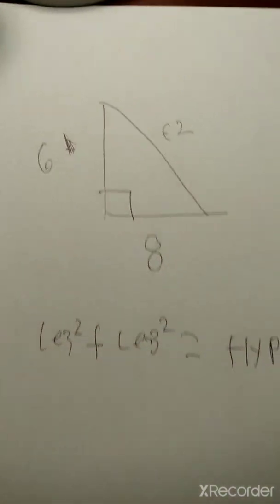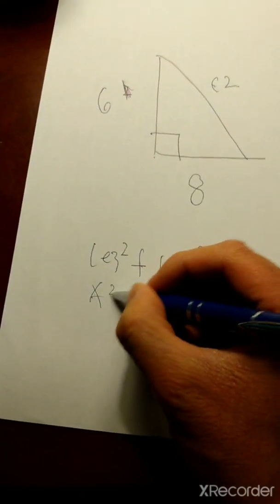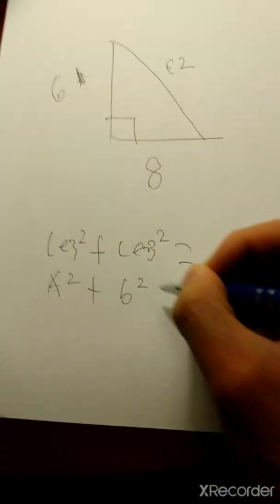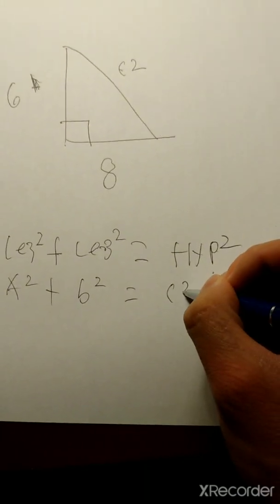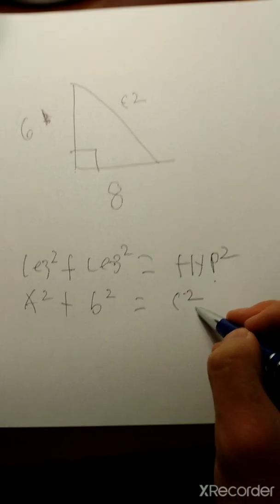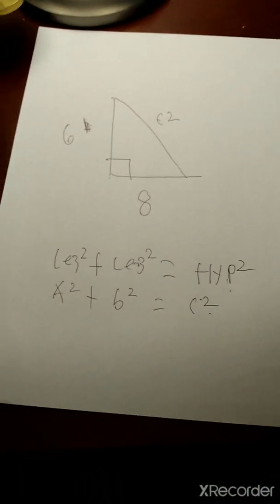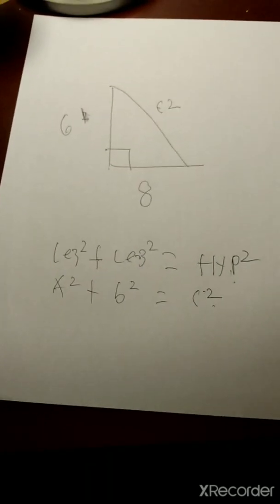What is the hypotenuse? That is one formula. We can also do a squared plus b squared equals c squared. The bottom one is the original formula. The top one is the formula that sometimes math teachers recommend to visualize things.